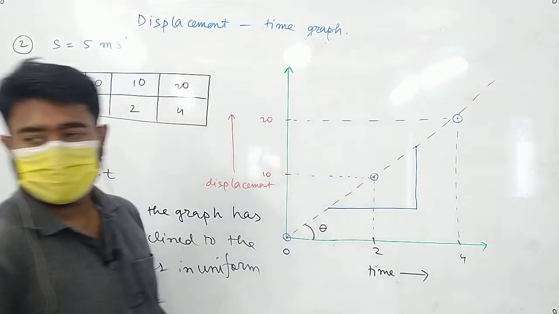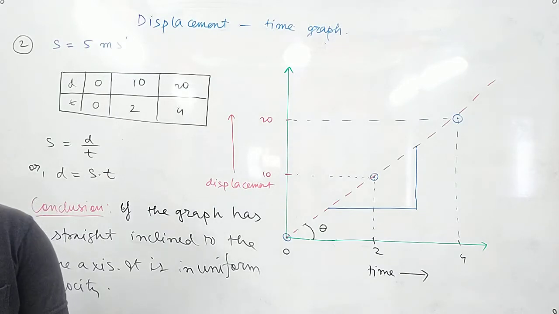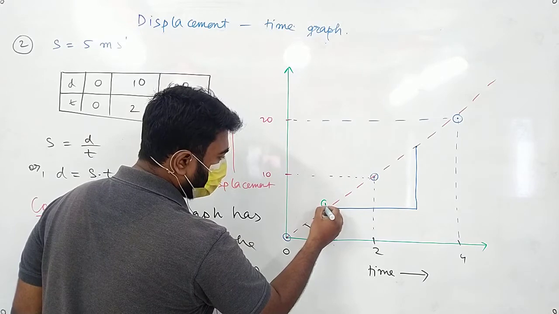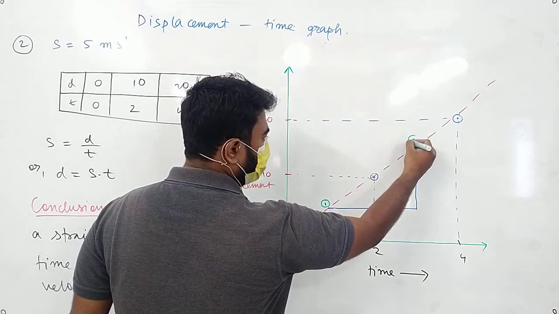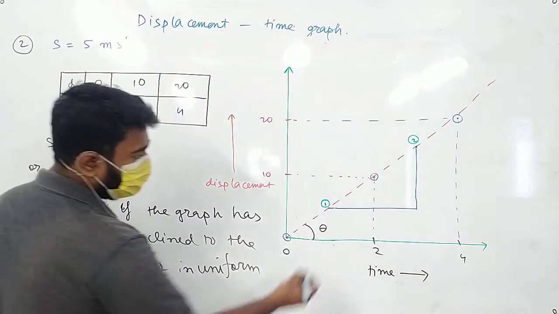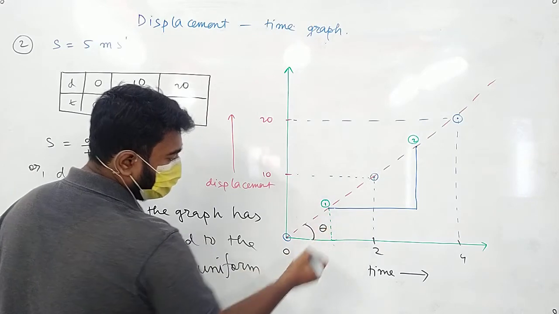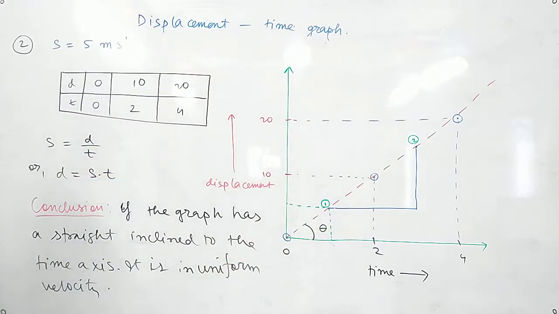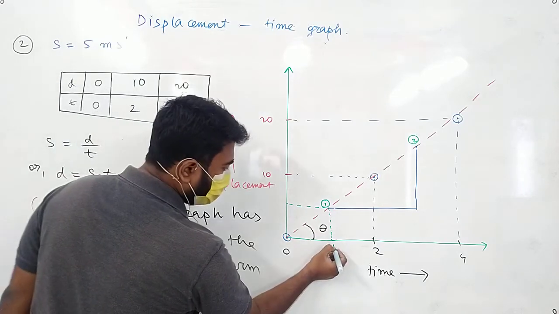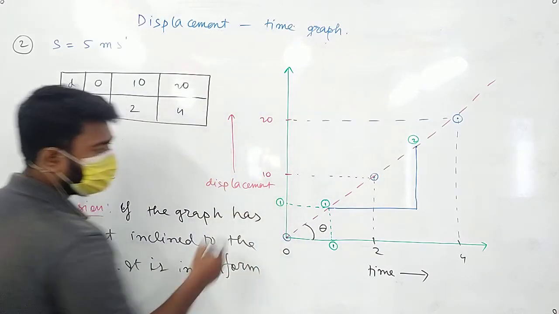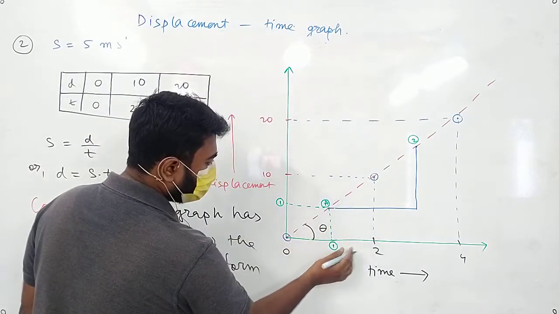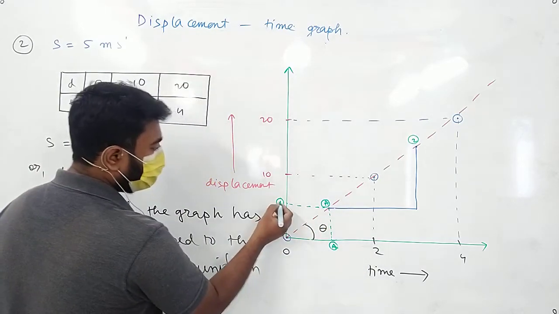If I name this position as 1 and this one as 2, can I drop a line from this position on the axis? Can I write here 1 and here 1? Okay. So I am writing A. Can I write here A and A?